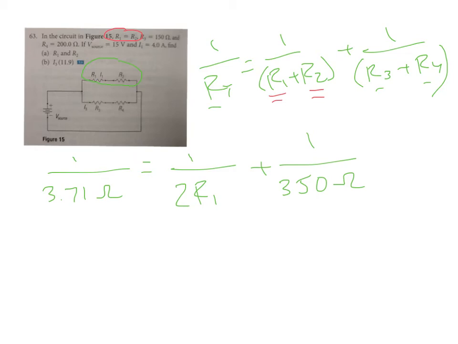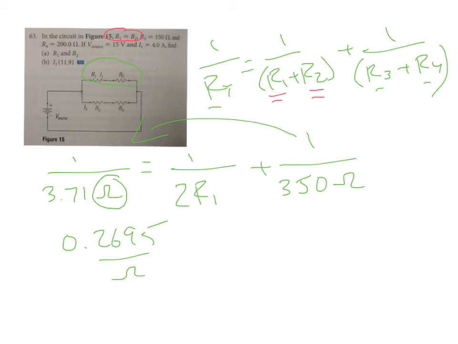Then I need to work on isolating the 1 over 2 times R1. So I'm going to bring my 1 over 350 ohms to the other side of the equal sign, so it becomes a negative. I'm also at this point going to start working with decimals because I don't want to find a common denominator between 3.71 and 350. So I have 0.2695 per ohm, keeping my unit of resistance underneath in a denominator.